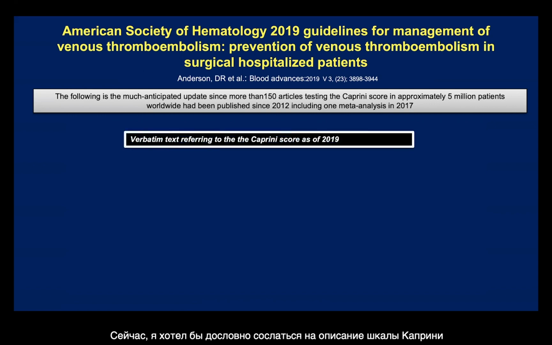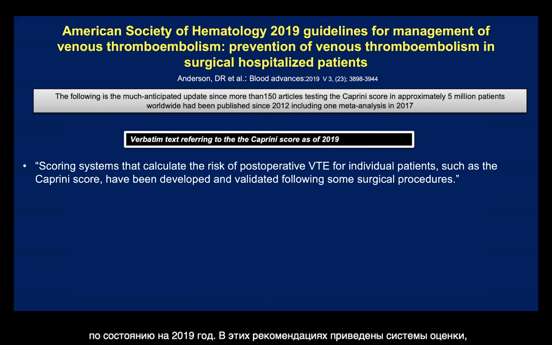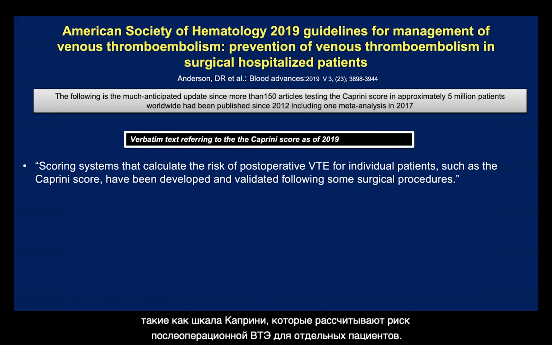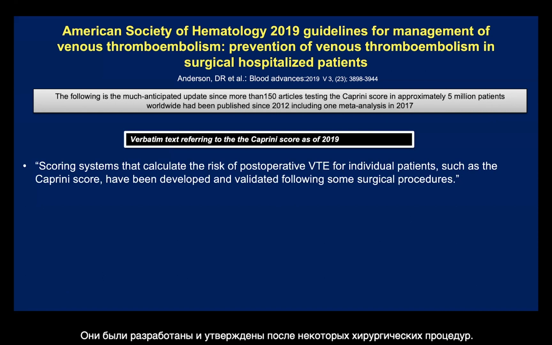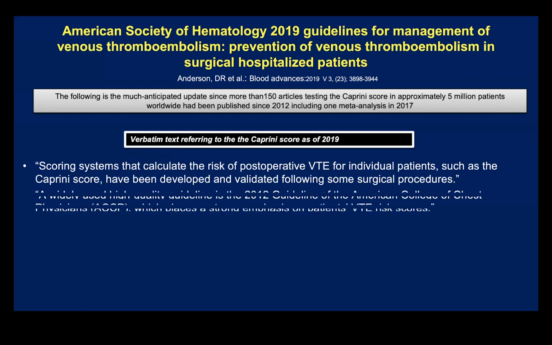Now, I'd like to refer verbatim to the Caprini score description as of 2019 in these ASH guidelines. Scoring systems that calculate the risk of postoperative VTE for individual patients, such as the Caprini score, have been developed and validated following some surgical procedures.